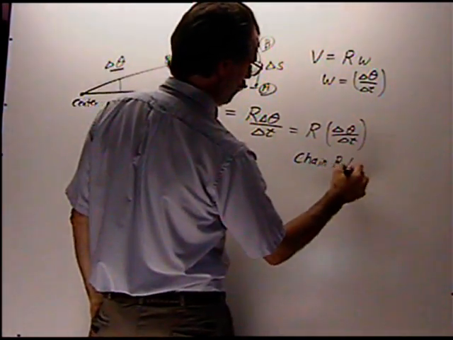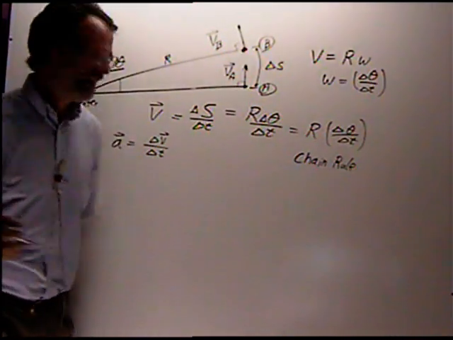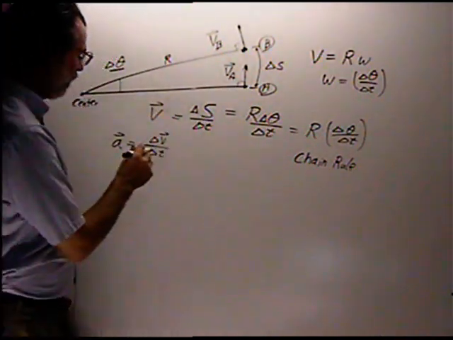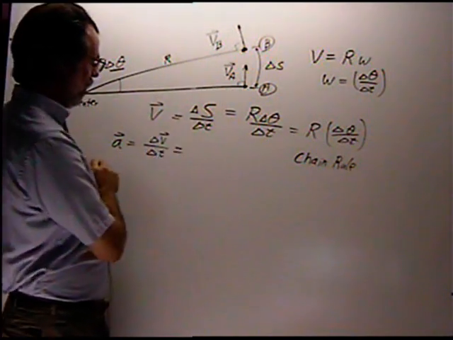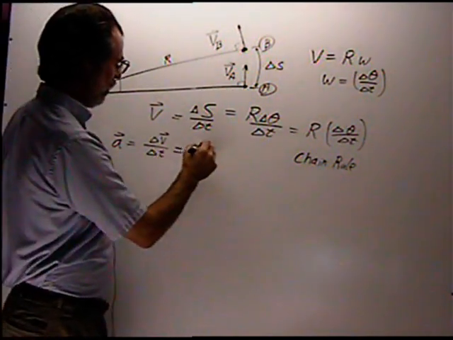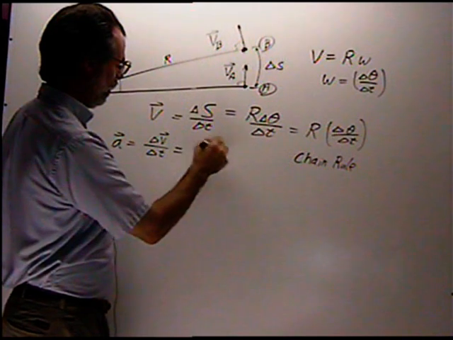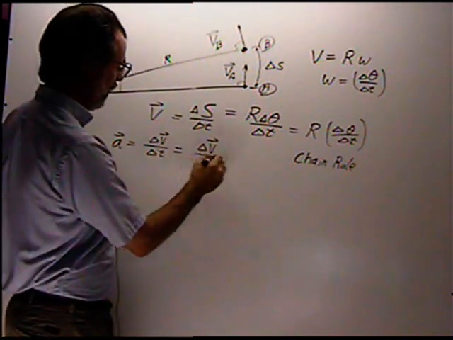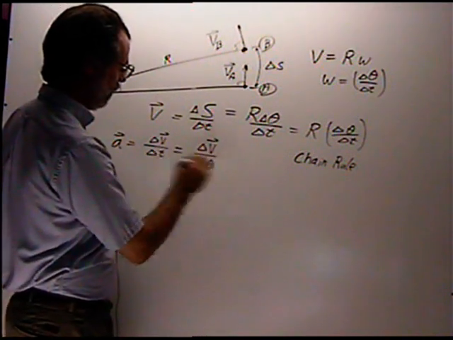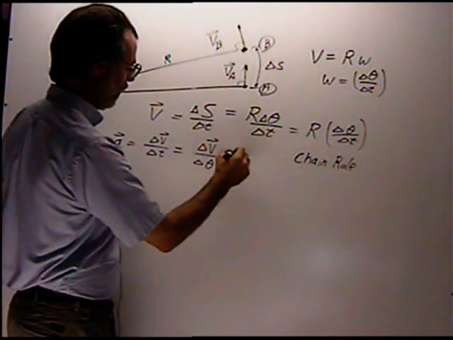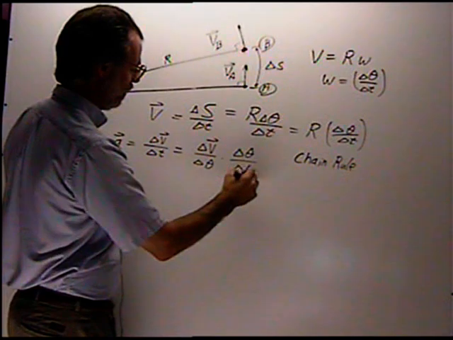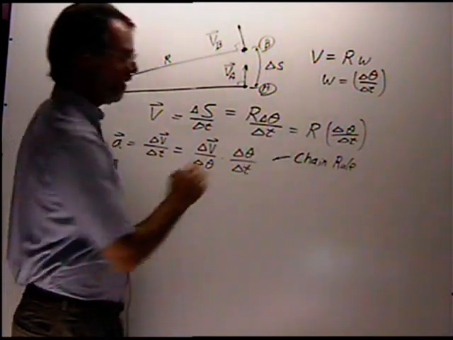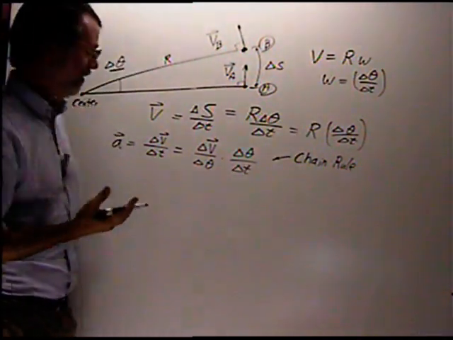You may not know this, but I'm going to introduce it early. It goes like this. I'm going to divide by delta theta, and then I'm going to come out here and say delta theta divided by delta t. We're invoking what's called the chain rule. It's really a calculus idea.